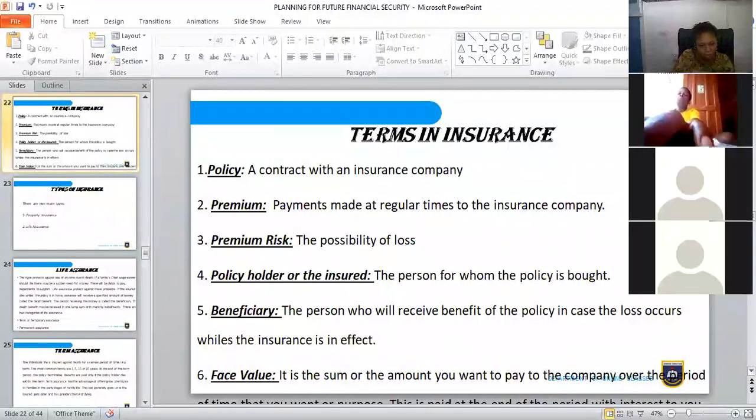Once you die, the particular child whose name you've written there, he or she is the beneficiary. He or she will benefit from the policy you have made because it is his or her name that you used, that he should benefit from that policy when the damage occurs.